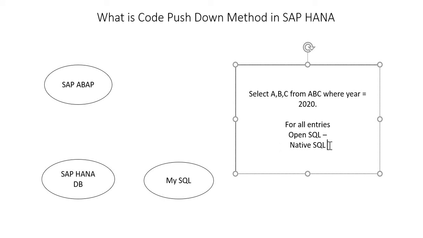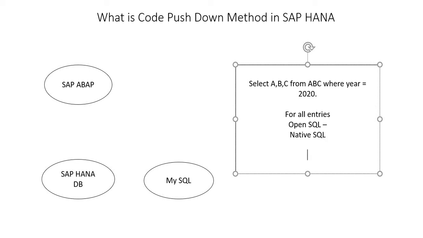Suppose you're writing structured query language on the SAP HANA database, then it will be called SAP native SQL. But if you're writing in a different server, different framework, and reading the data from another database, that will be called Open SQL. So the optimization of Open SQL is important in case of push down, as I told about the select statement.